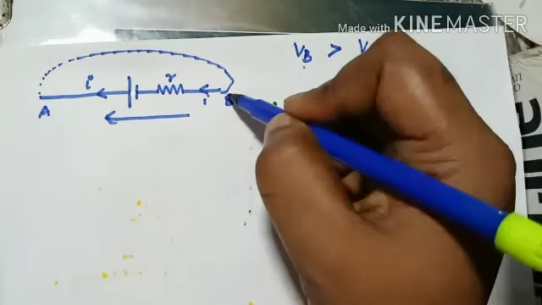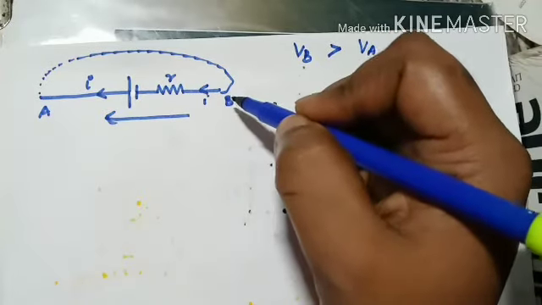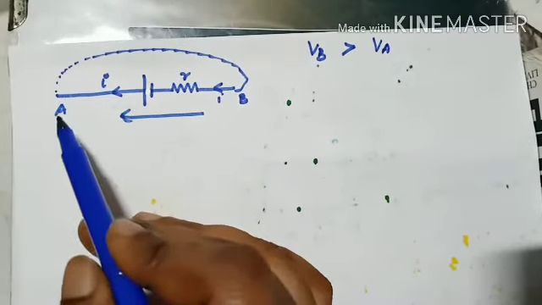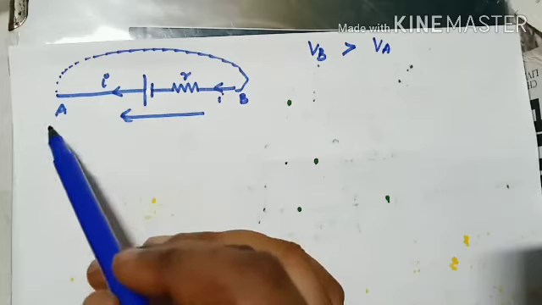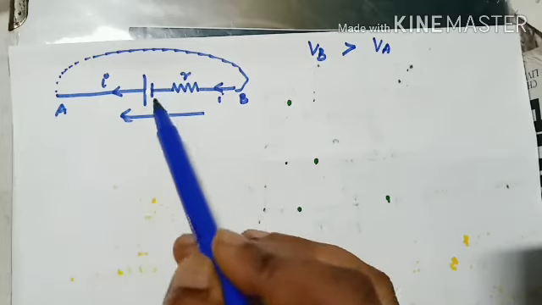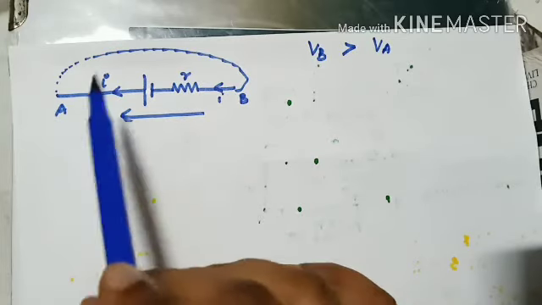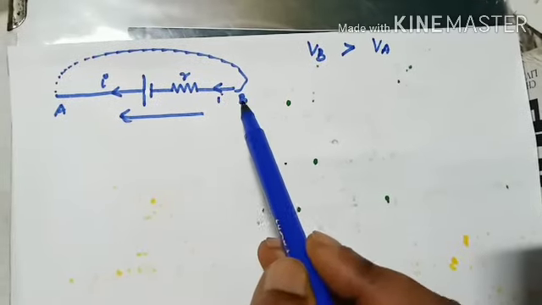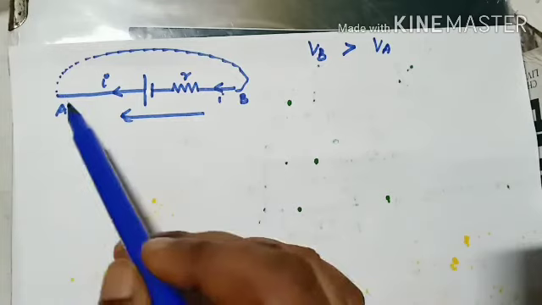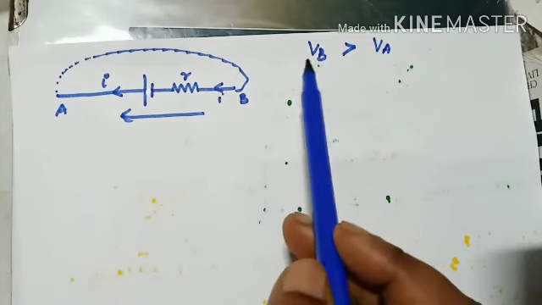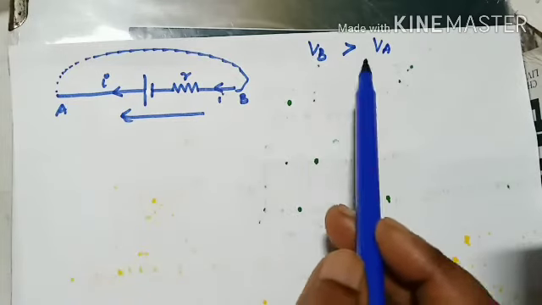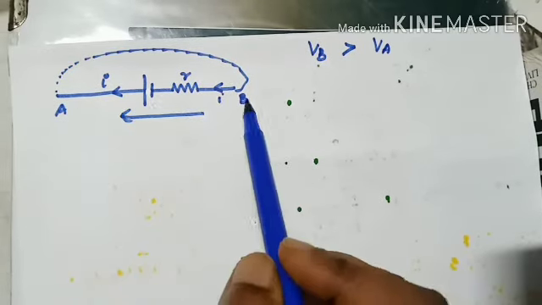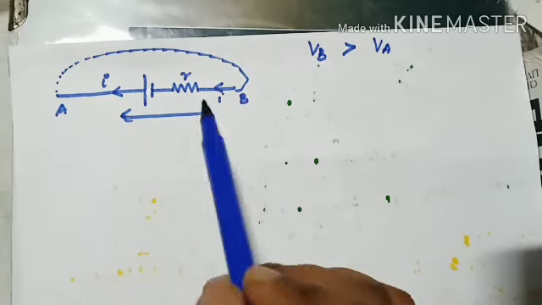That means the potential was very high at B, then goes on reducing, and it reduced when it reaches point A, which indicates there has been some potential drop. I am repeating, potential was very high at B. While it moved from B to A, the potential reduced. That's what it indicates when VB is greater than VA. So there was a potential drop in the path from B to A.